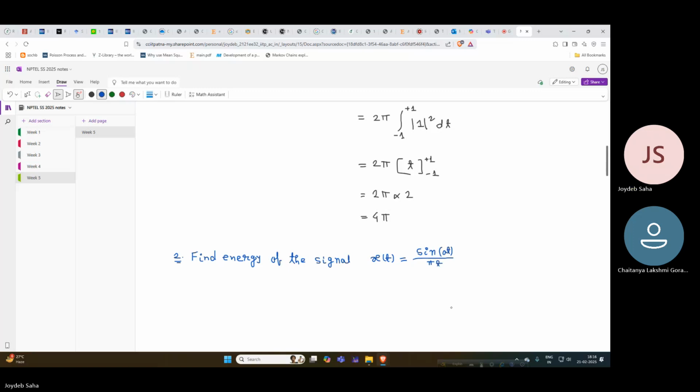This is the question. We have to find the energy of this signal.